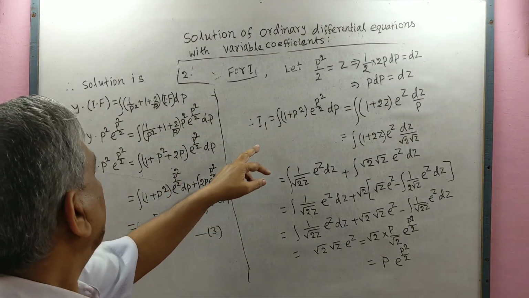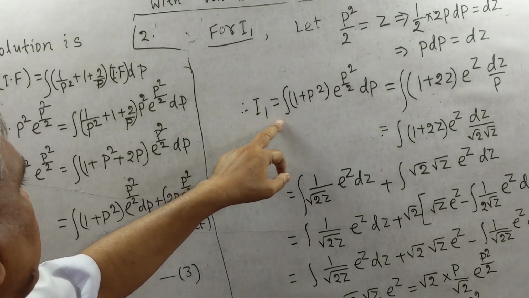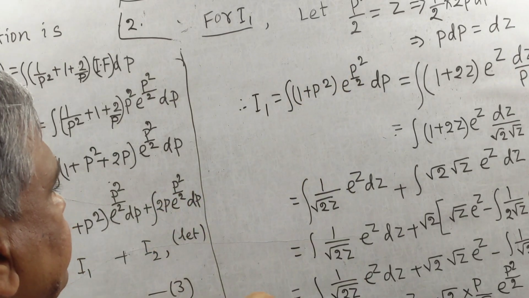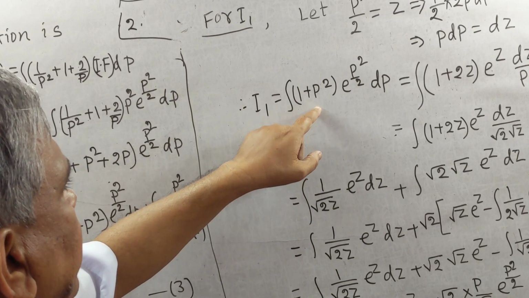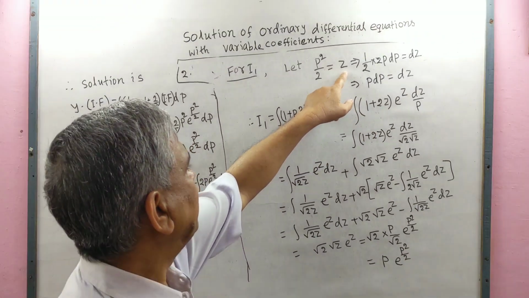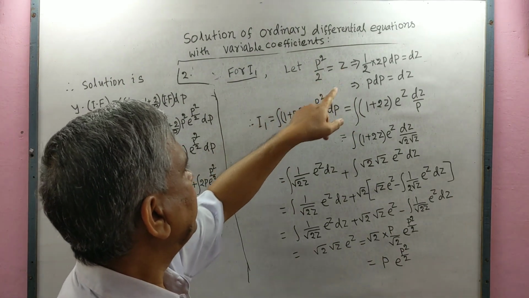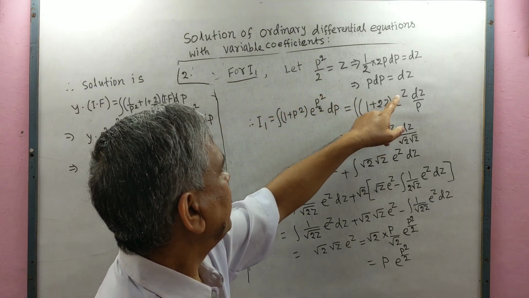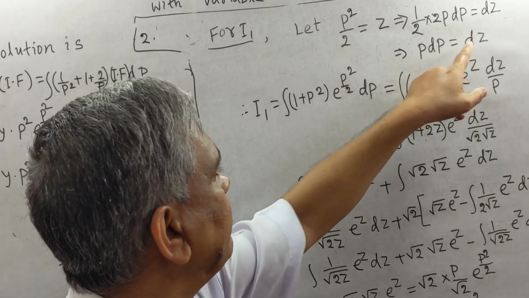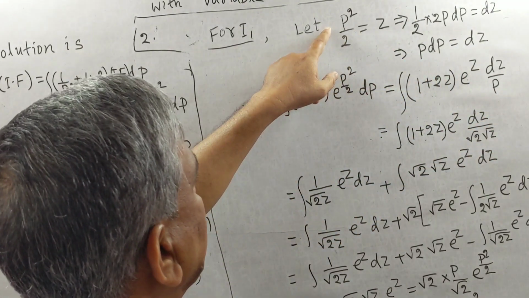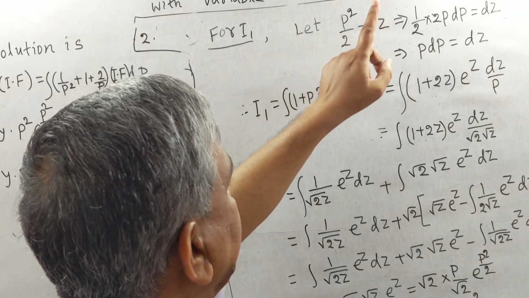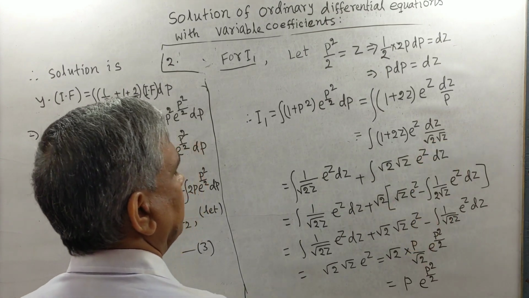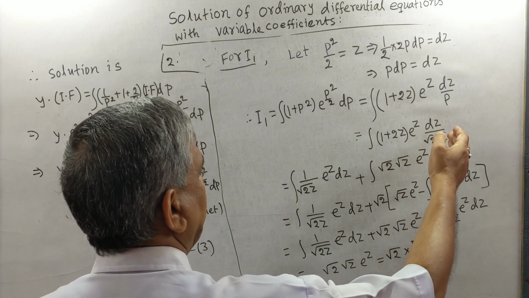So I1 equals the integration of (1 plus p²) e to the power p²/2 dp. 1 plus p² is 1 plus 2z, putting the value of p² equal to 2z. e to the power p²/2 is e to the power z, and dp equal to dz/p. The value of p is square root of 2z, so square root 2 times square root z. We divide this in two parts.